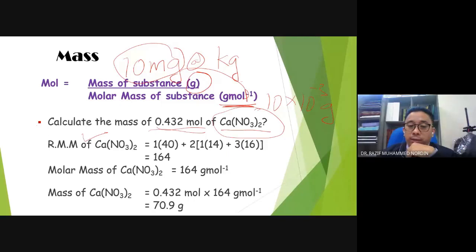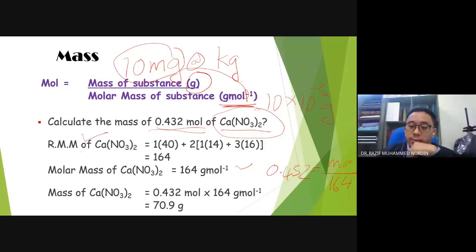From there you dapatlah, and then mole you ada, untuk kes calcium nitrate ni, you akan dapat 0.432 equal to mass divided dengan 164.